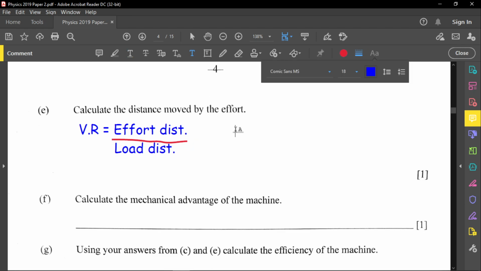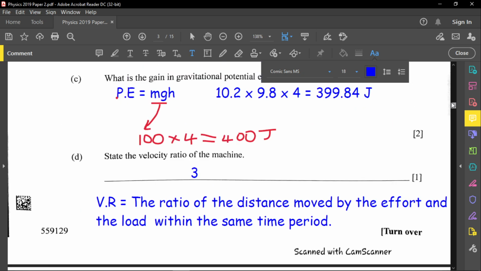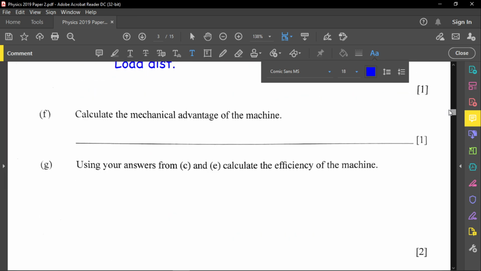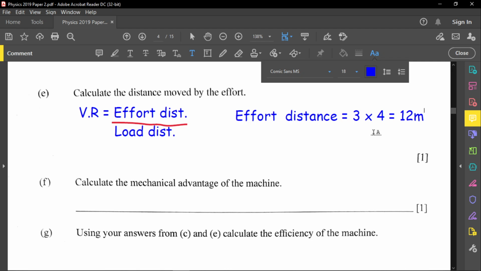So our effort distance will equal our velocity ratio, which is 3, multiplied by the distance moved by the load, which is 4, which gives us 12. Let's check if it is in meters. Yes, it's meters. So it's 12 meters.